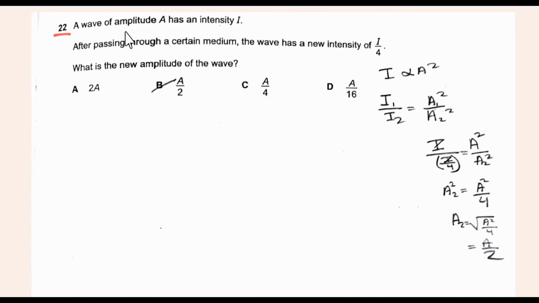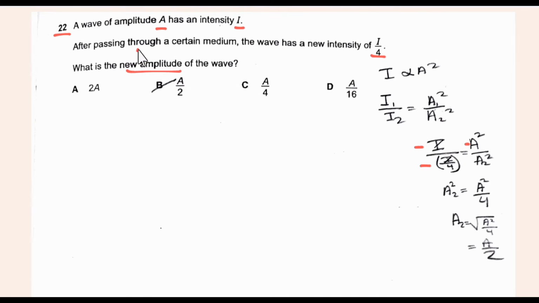Question number 22. A wave has an amplitude A and intensity I. After passing through a certain medium, the new intensity of the wave is given. So initially the intensity is I and the amplitude is A, and after passing through a medium, the intensity is I by 4. So we need to find the new amplitude of the wave.